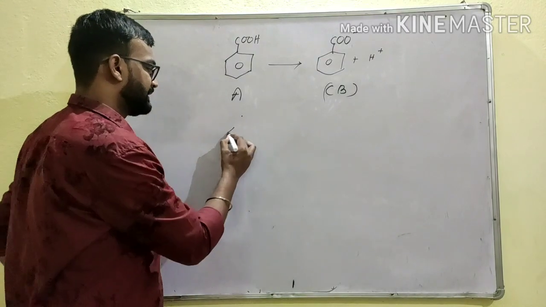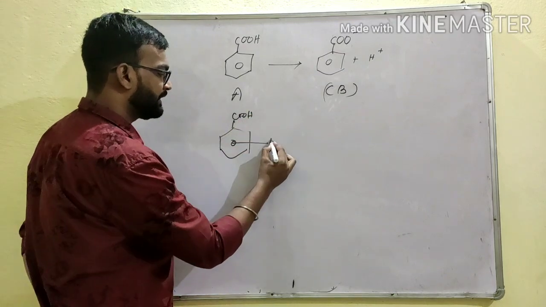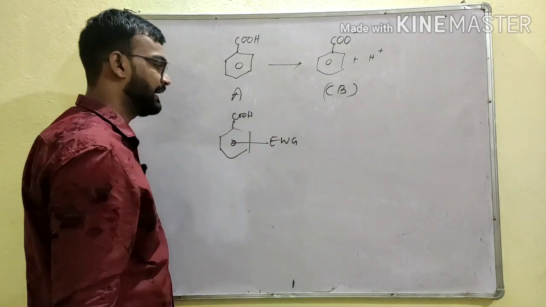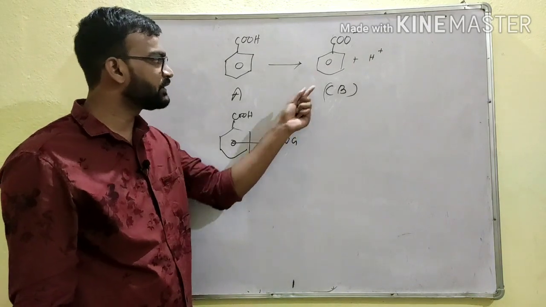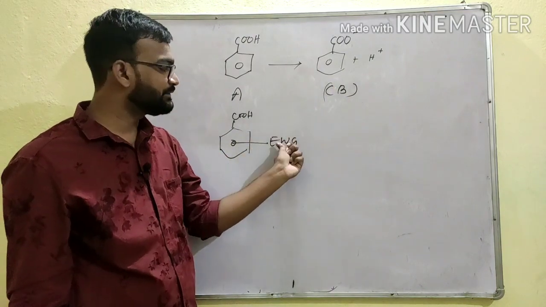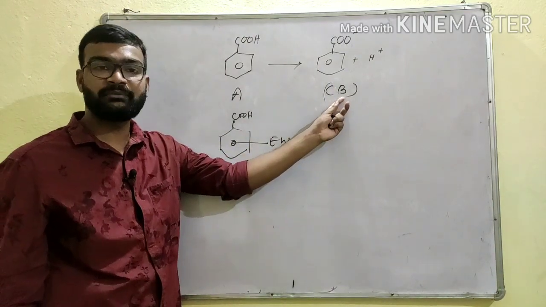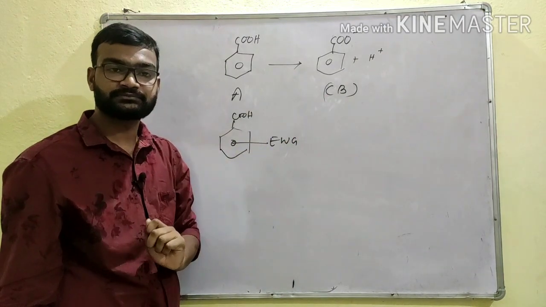If we attach an electron withdrawing group to benzoic acid, it will withdraw the negative charge on the conjugate base after donation of the H plus. This electron withdrawing group stabilizes the conjugate base, so that means your native acid will be more acidic.